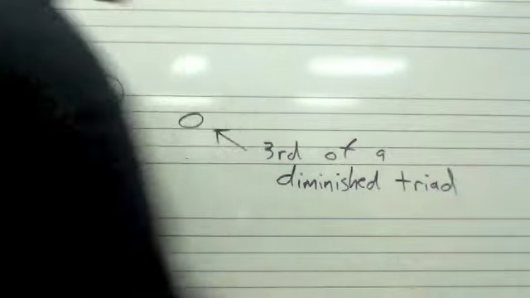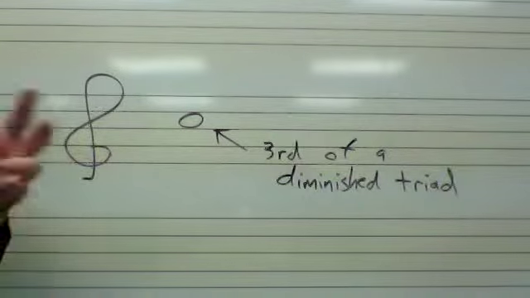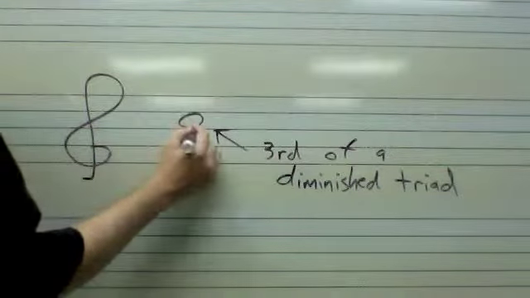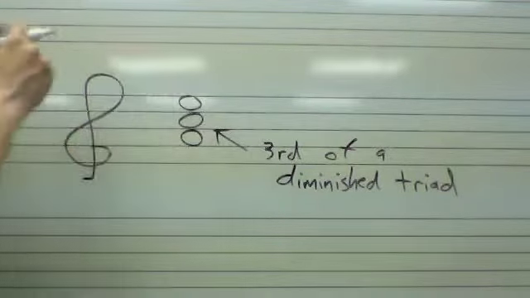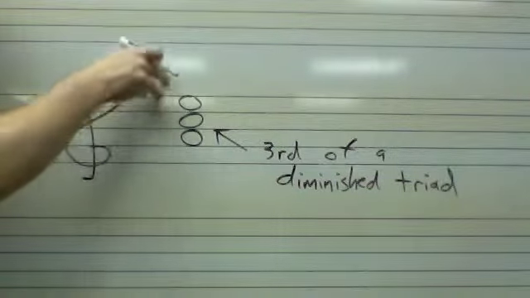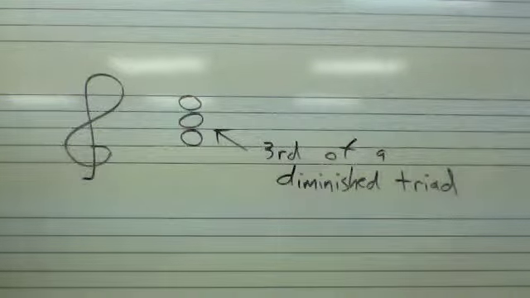So what you have to do is imagine almost as if you're standing on that third and you're looking at your surroundings. What's to your left? What's to your right? Where's the root going to be? Where's the fifth going to be? First step is always to write your notes down, and then you put accidentals afterwards. Triads at first, when they're in closed position, will always look like this.